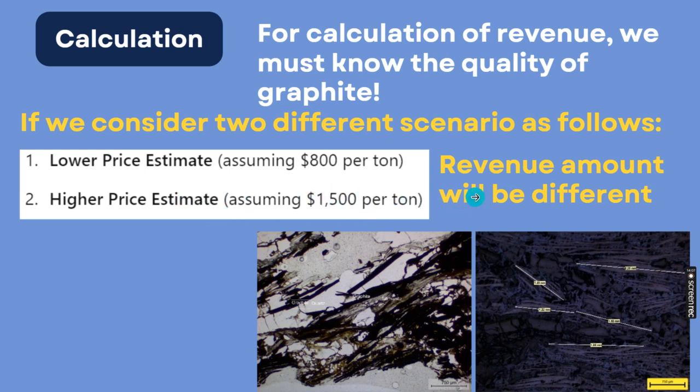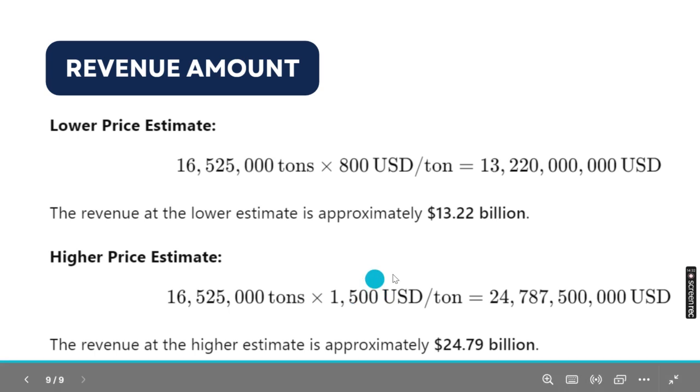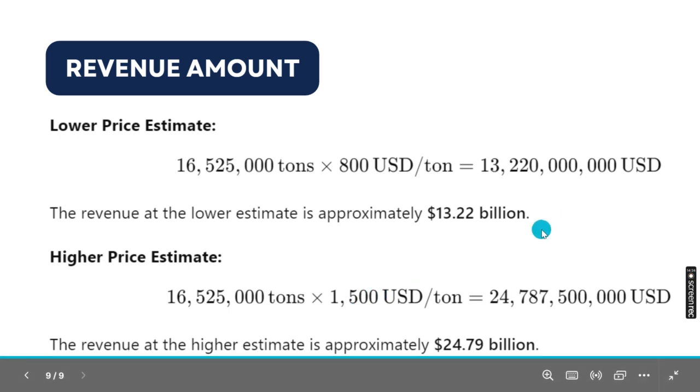So what will be the total revenue for 800? See, the lower price estimate is total 16.525 million ton, multiplied by 800 US dollar, which is the rate per ton. So it is coming, see, about 13.22 billion US dollar. Billion, if you can imagine.